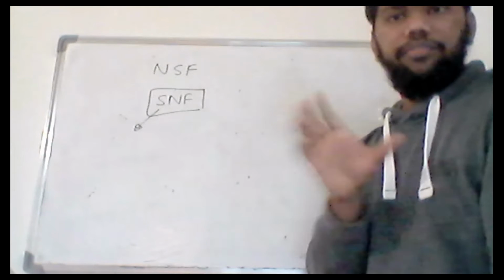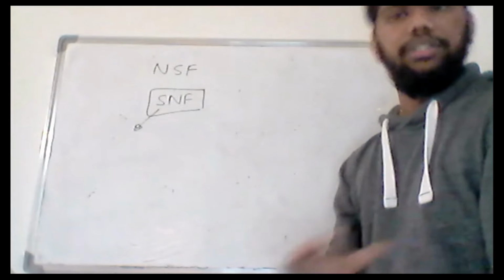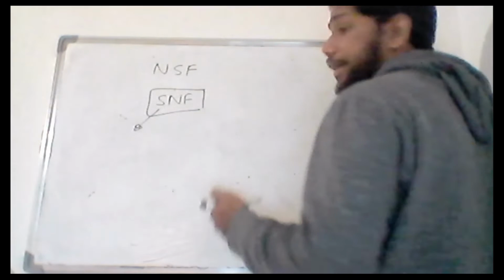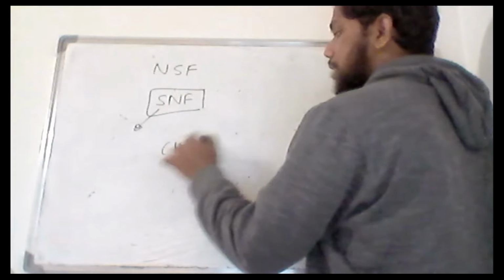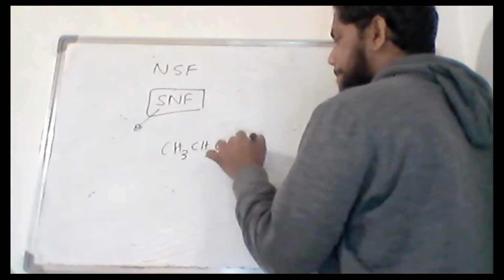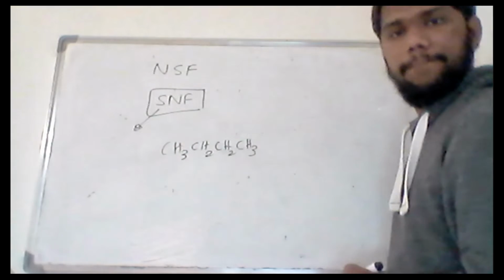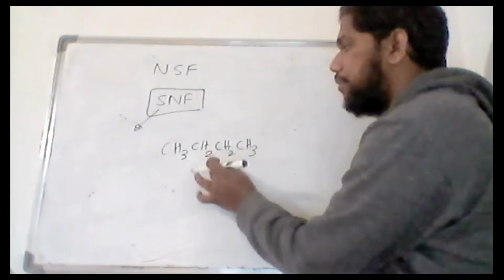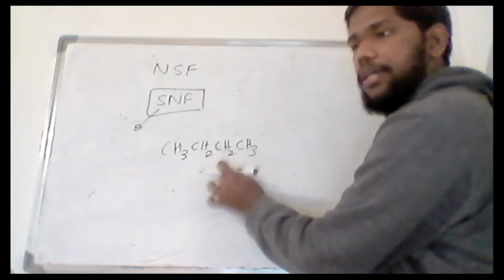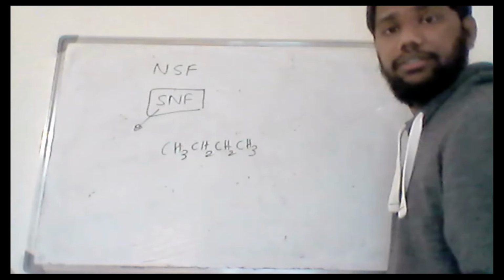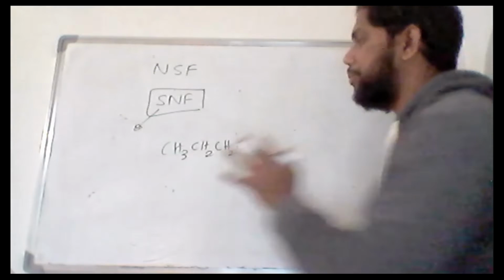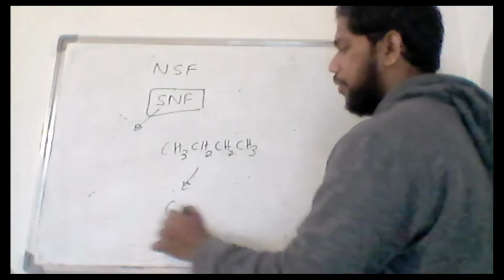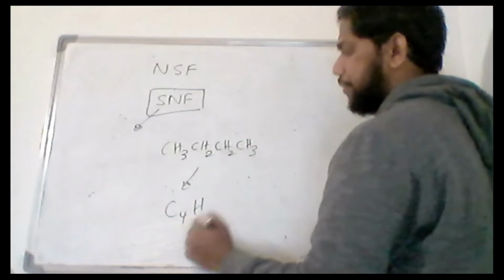Remember, if they have given a formula, you cannot change. For example, let's say they have given a structure like this. This is a normal alkene. If in a question they have given the structure like this, remember, you cannot change it. You have to use this specific structure. But instead they can give C4H10.